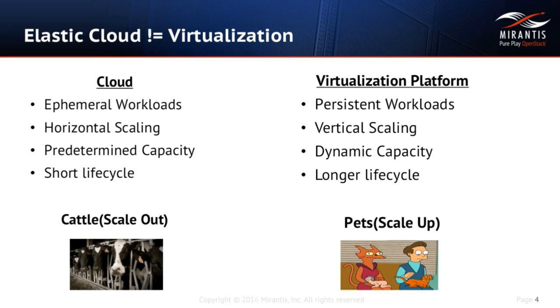I'm sure most of you already get this. Okay, we want to make sure that everybody gets this drilled into their head. Cloud does not equal virtualization. OpenStack does not equal VMware. OpenStack does not equal bare metal. So, cloud, typically ephemeral workloads, horizontal scaling, predetermined capacity, meaning you order an M1 small, you order a certain flavor, it's predefined, that's what you get.